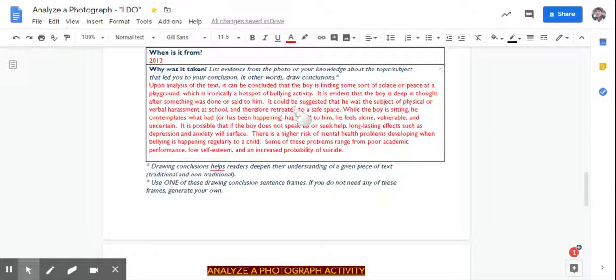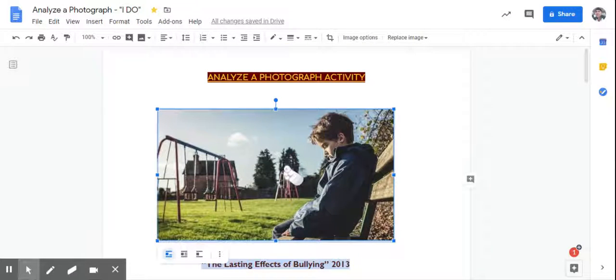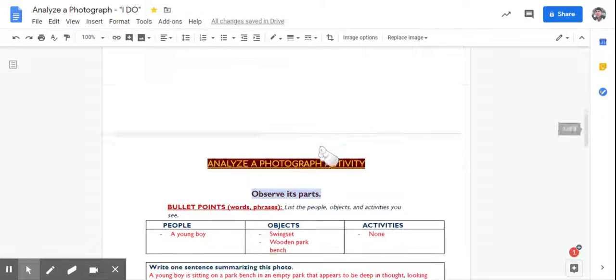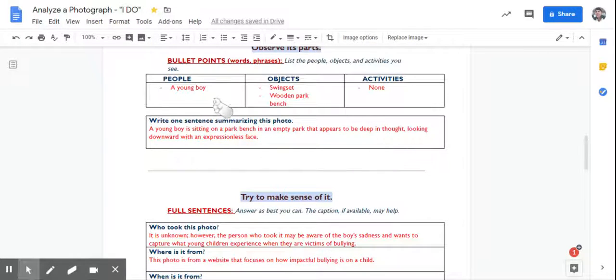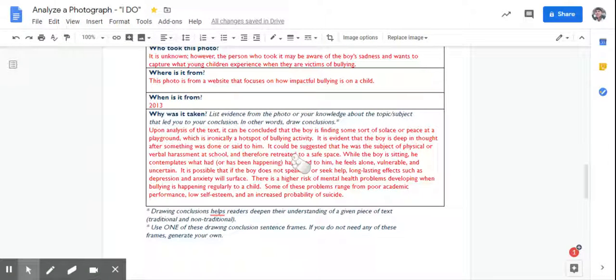Okay. Now, let me tell you, it didn't take me 1 or 2 minutes to analyze this. I really had to not only look at the photograph again and again, right? Think about what I noticed first, okay? Identifying the parts, and then from there, okay, why was this photograph taken?